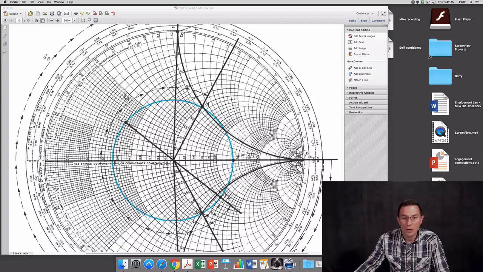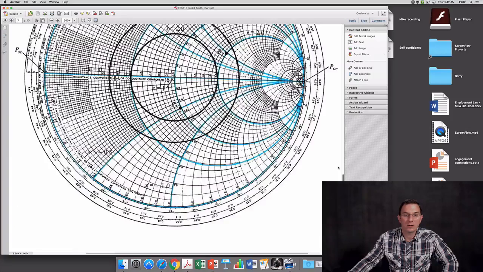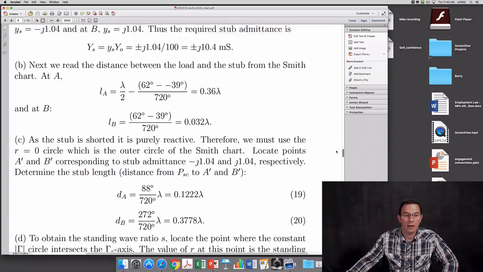In order to figure that out, you put a line through your starting point out all the way through the outer circle like that. And you're going to read the position in degrees where you start from. Let me show you that in the equations.